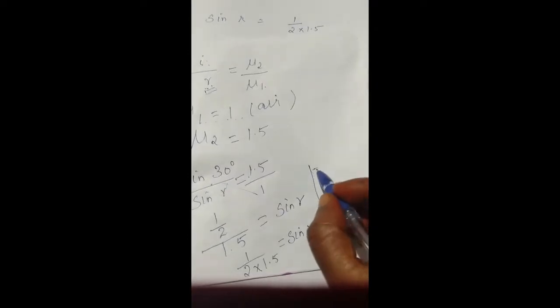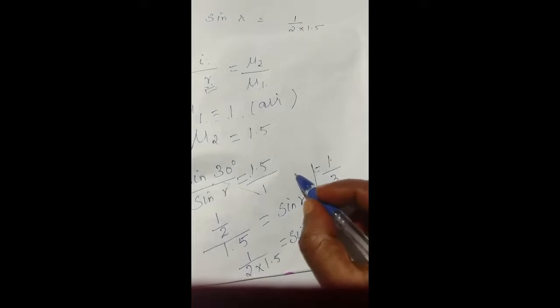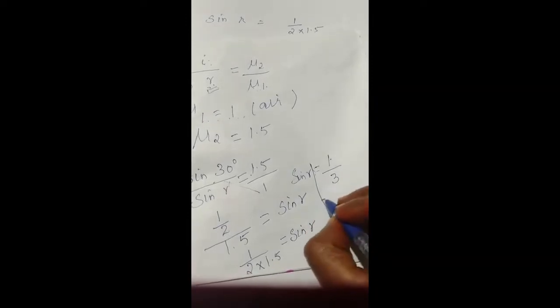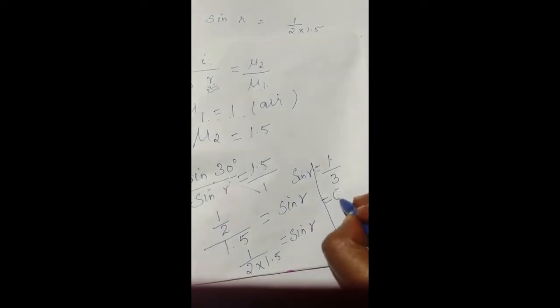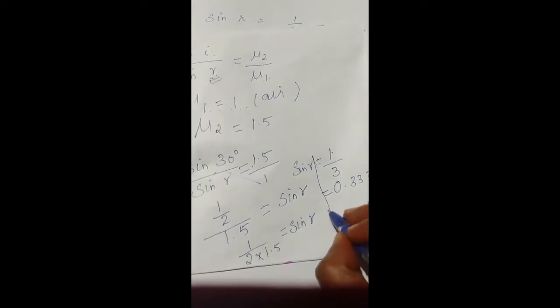It is equal to 3. So now sin R is equal to 1 by 3, which is 0.333. And we have to find the value of R, angle of incidence.